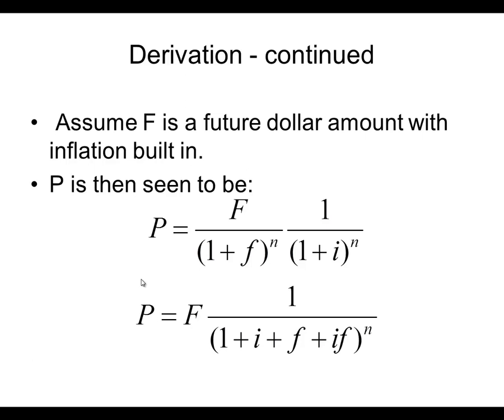Multiplying the denominators makes the equation look like P equals F multiplied by 1 divided by (1 plus i plus f plus i f) to the power n.